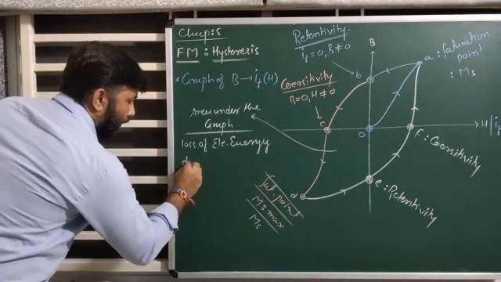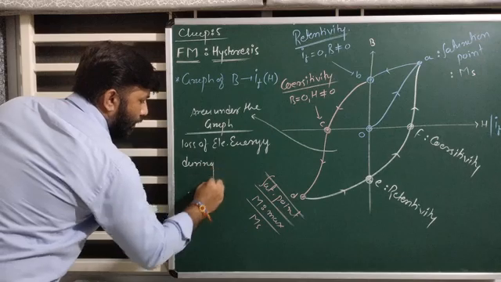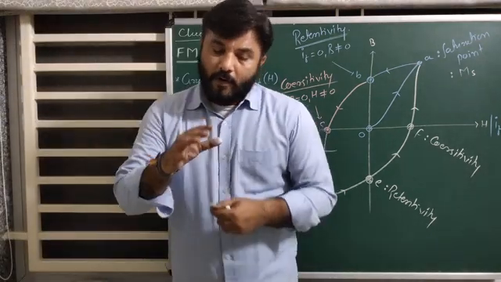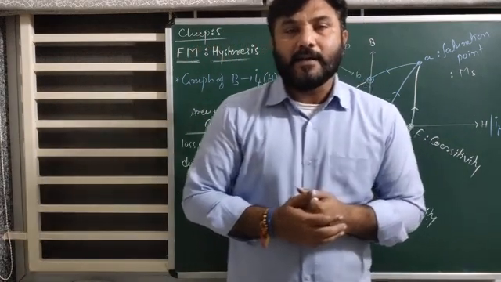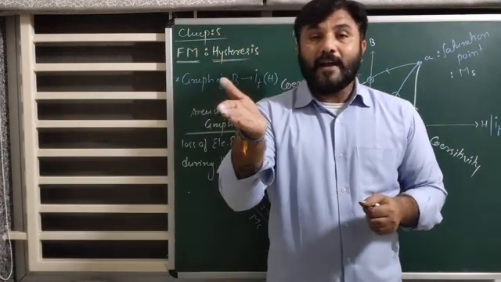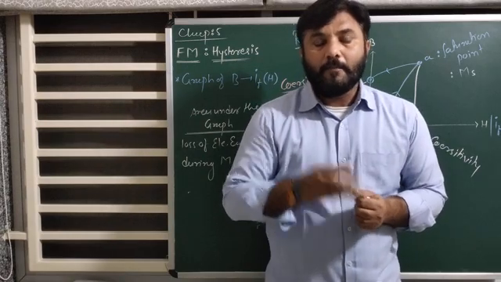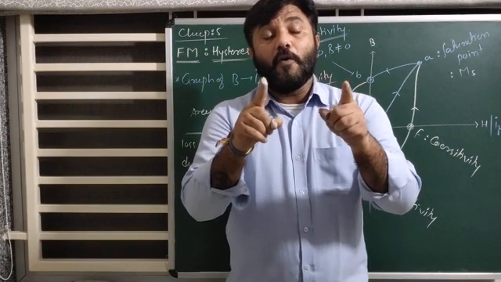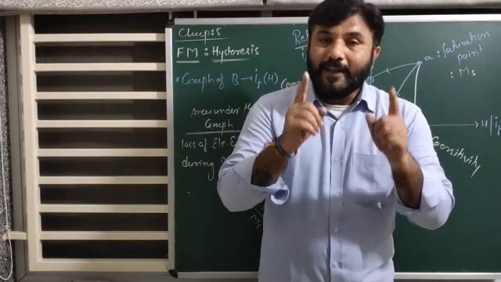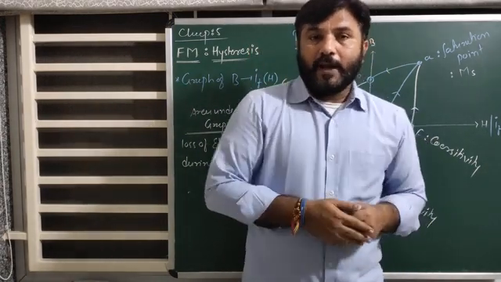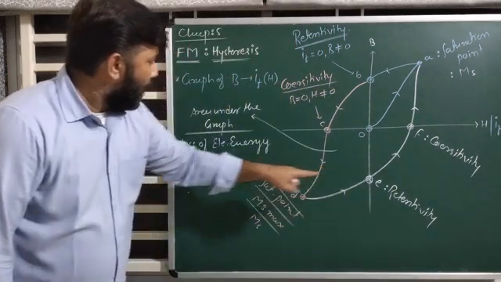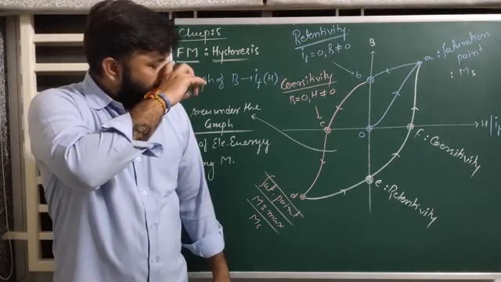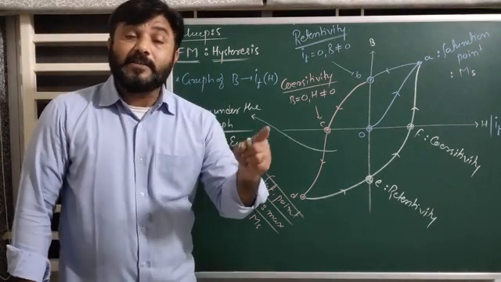During magnetization, there is conversion of electric energy into magnetic energy, but this electric energy is lost in the form of heat, and that loss we can obtain from the graph by using area under the graph. Clear? So this is about hysteresis curve.